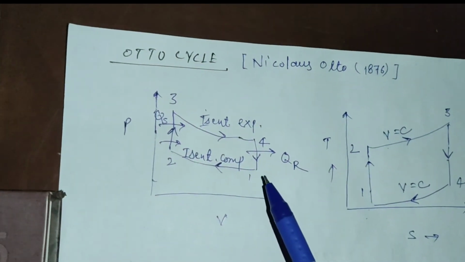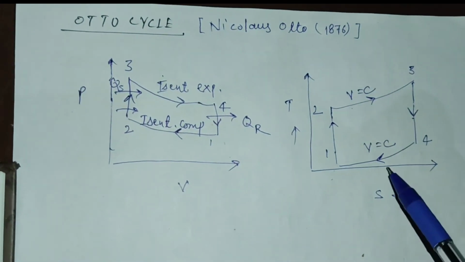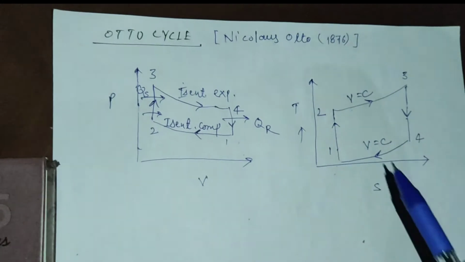So these are the PV and TS diagrams of the Otto cycle.